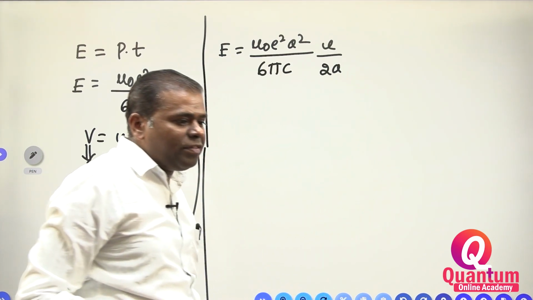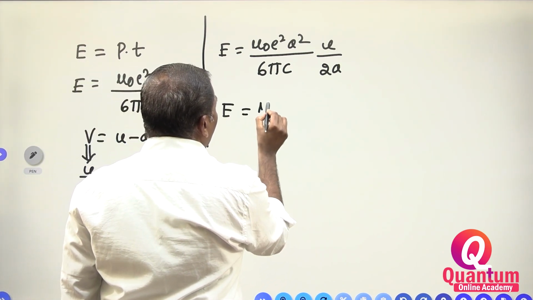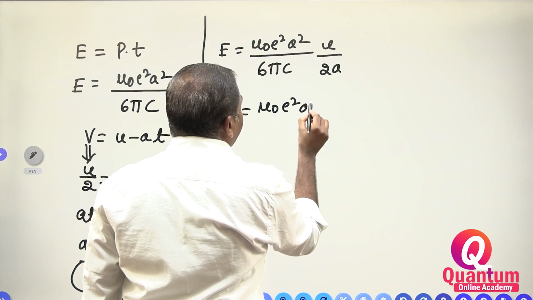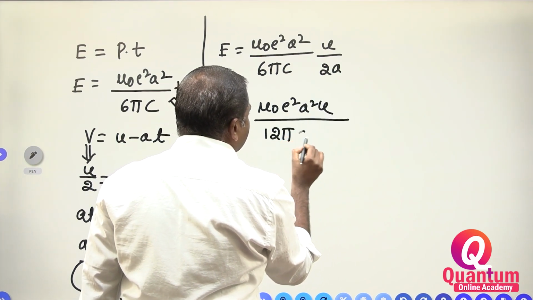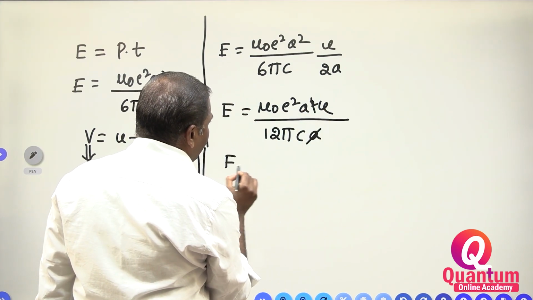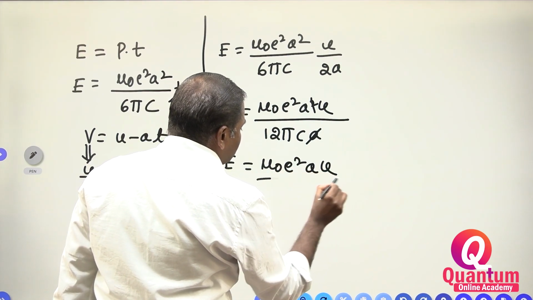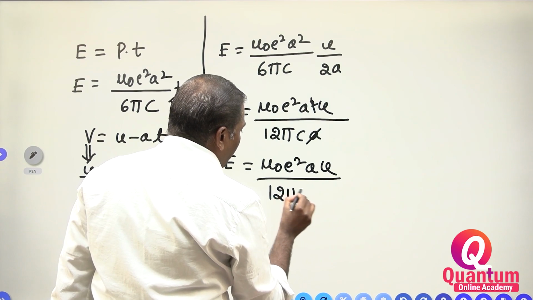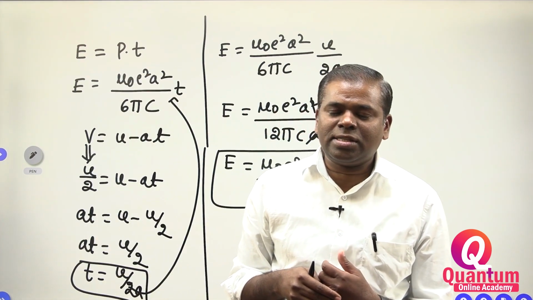E is equal to mu naught e square a square u divided by 12 pi c a. One a gets cancelled. Therefore, E is equal to mu naught e square a u divided by 12 pi c. This is the energy. But this energy we are not asking.